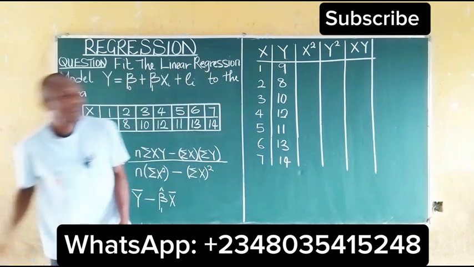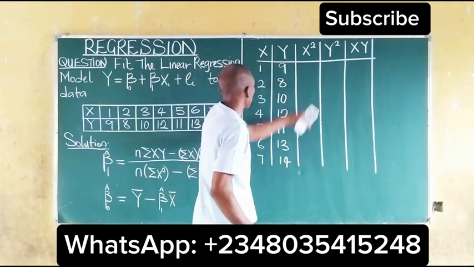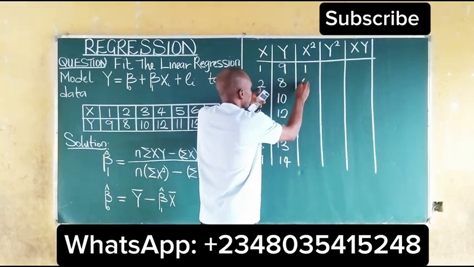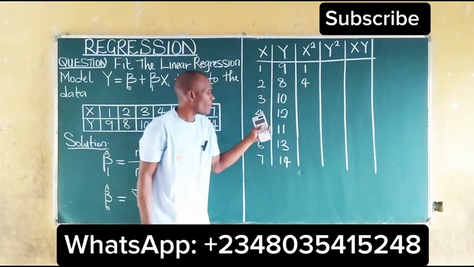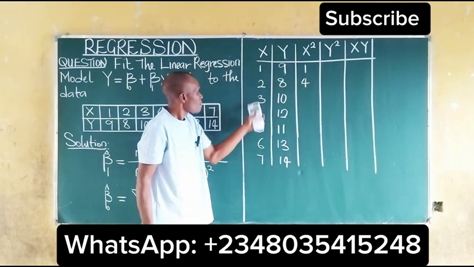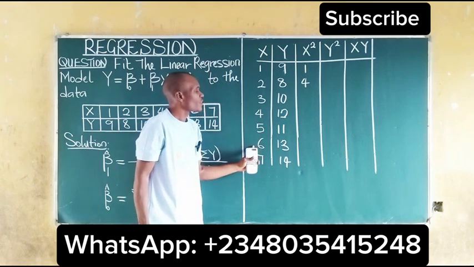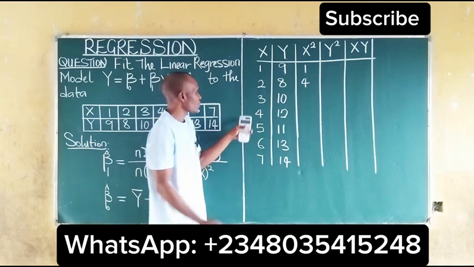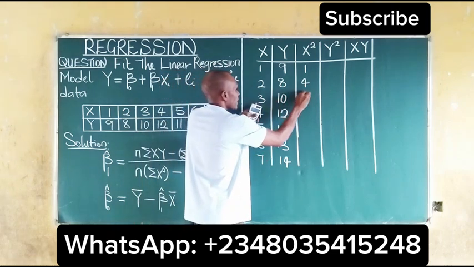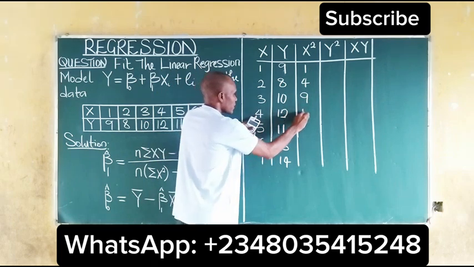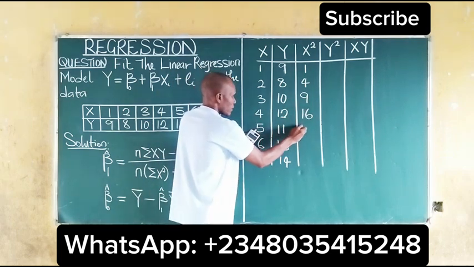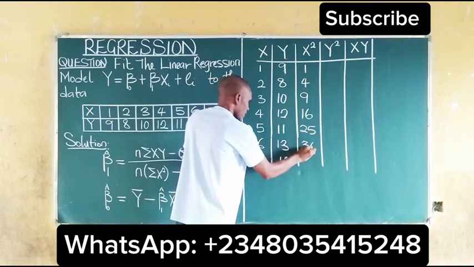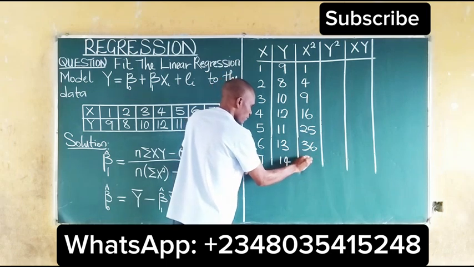So we need to find x squared values for the whole of this. 1 squared is 1, 2 squared is 4, 3 squared is 9, 4 squared is 16, 5 squared is 25, 6 squared is 36, and 7 squared is 49.